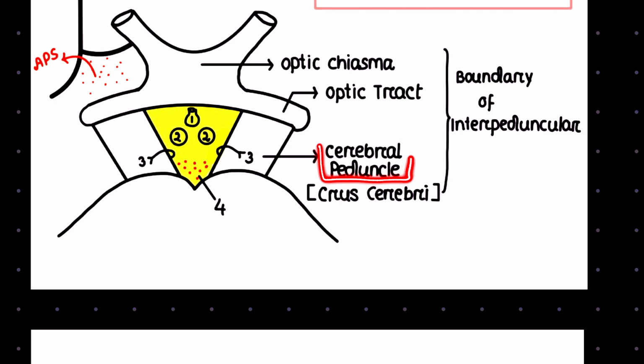And why are they called cerebral peduncles? Because the descending tracts from the cerebrum, the pyramidal tracts, travel through this region. That's why they are called cerebral peduncles, because of the presence of descending tracts from the cerebrum.